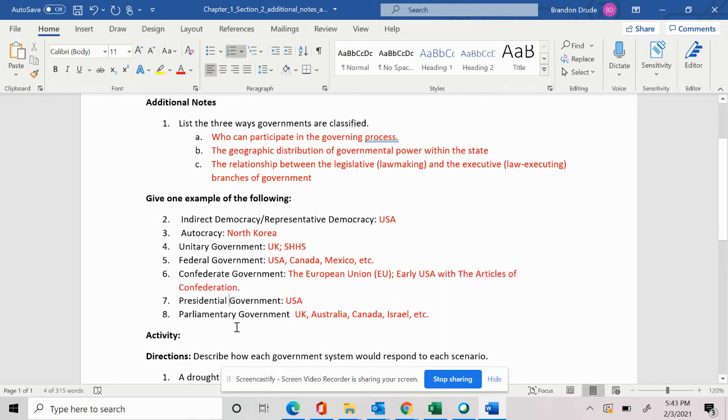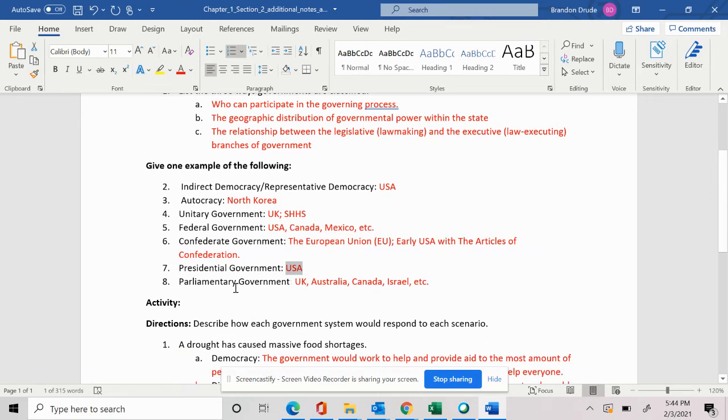The next one is the presidential government, and this is where we elect our executive and our legislative separately. So we have an executive that is the president, and we have a legislative, which is the Congress, and they're separate. They are not connected. And the USA does that. We do not have a parliamentary system, where the executive and the legislative are together.